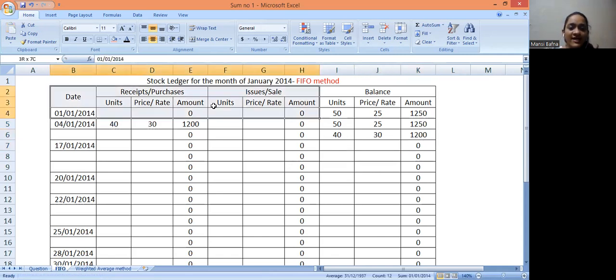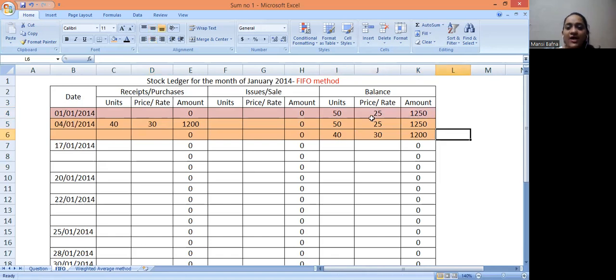So that will give you a total value of 1200. Now I'll just give different colors to it so that it becomes easier for you all to understand. So the first transaction talks about the opening balance where you have 50 units at the rate rupees 25 each. On 4th of January, you have a balance of 50 units and 40 units at the rate rupees 25 and rupees 30 each respectively.